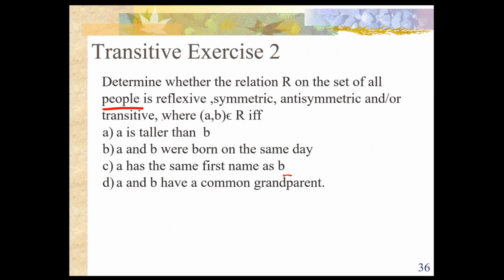Check whether the relationship for A and B, which are people, for relationship A, B, C and D, is reflexive, symmetrical, anti-symmetrical, or transitive for each one of them.